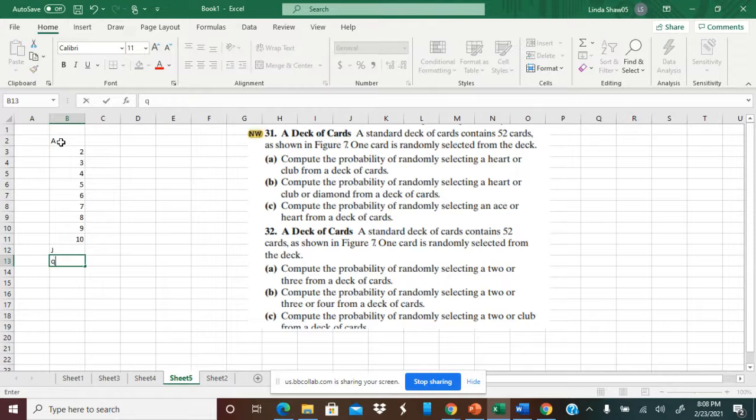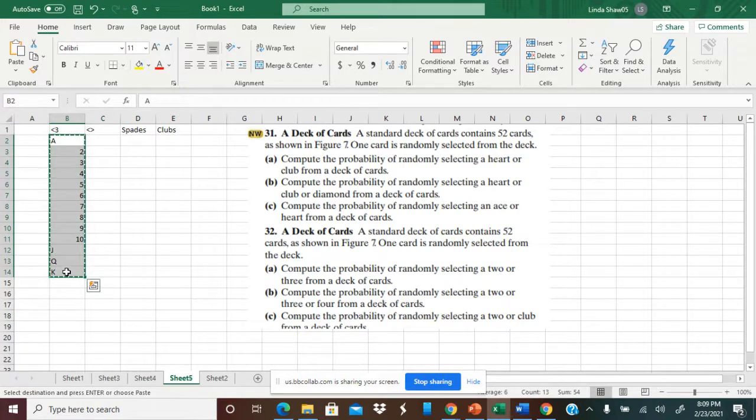And then you have 4 suits: hearts, diamonds, spades, and clubs. That's what a deck of cards looks like. Since there are 13 cards of each suit and 4 suits, there are 52 cards, 4 times 13.